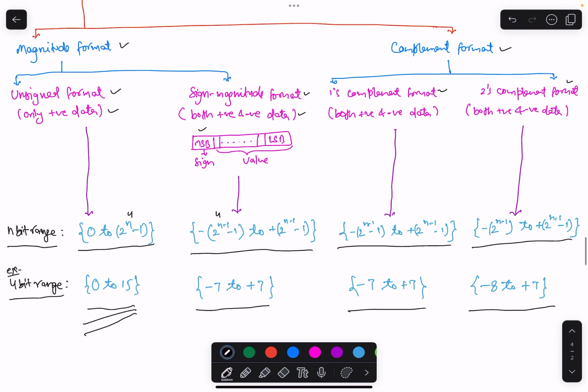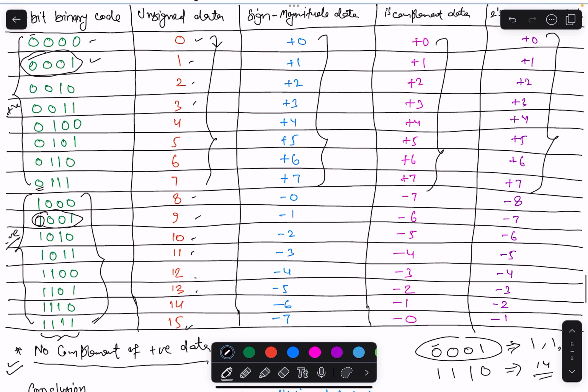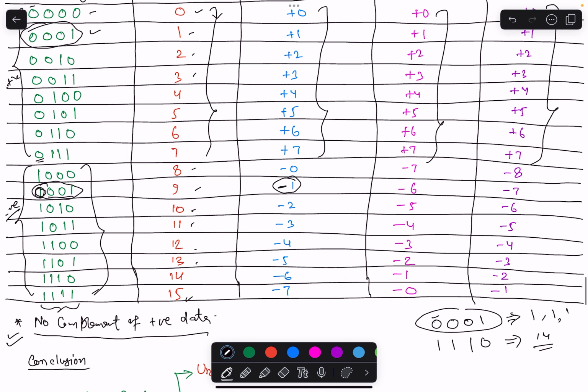In the sign magnitude format, the MSB is for sign and the remaining bits are for value. So this 1 is for sign, 1 means negative, and this 001 means 1. This is how we find the sign magnitude data. Similarly, if you talk about this, this 1 is for sign, that is minus, and then 101 is 5, so minus 5.